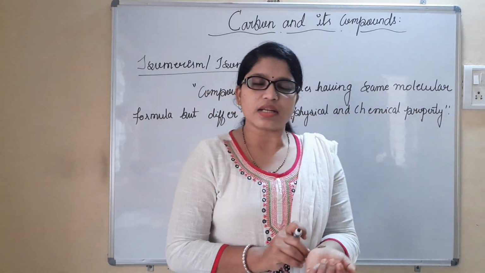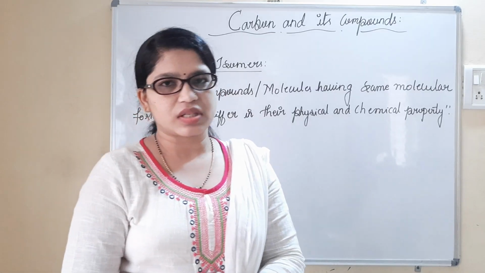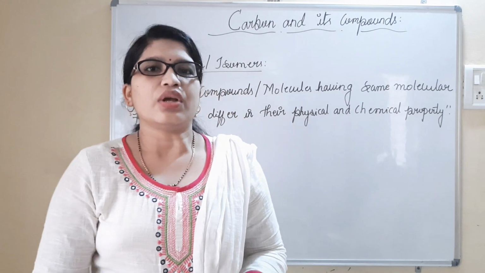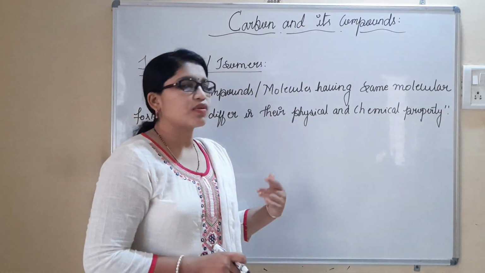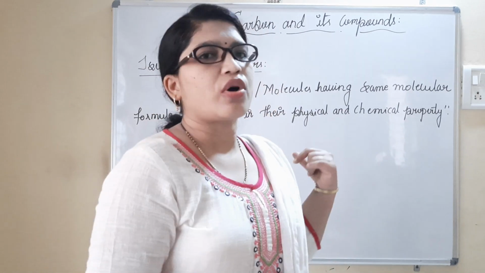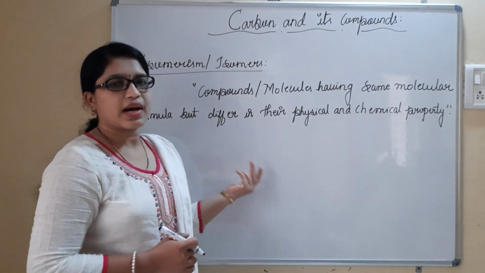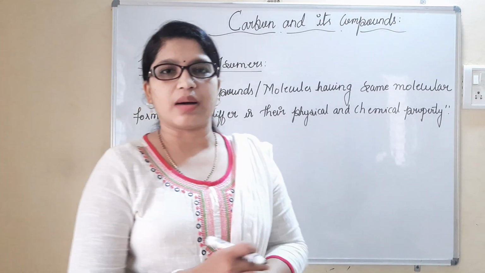In your NCERT textbook, detailed information regarding isomers hasn't been given. But in your annual examination, most 2 to 3 marks questions are generally asked on the topic of isomers, so I am concentrating more on isomerism and its examples.